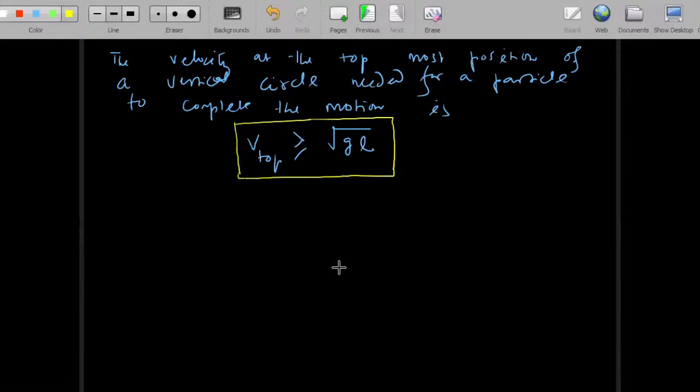All right. This must be greater than or equal to root under gL. Okay na?